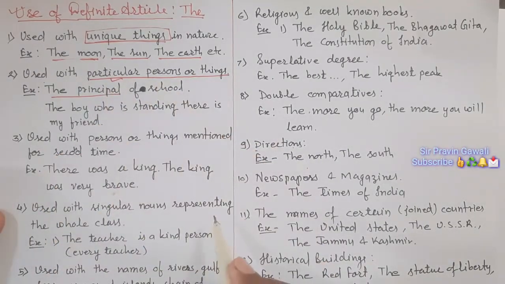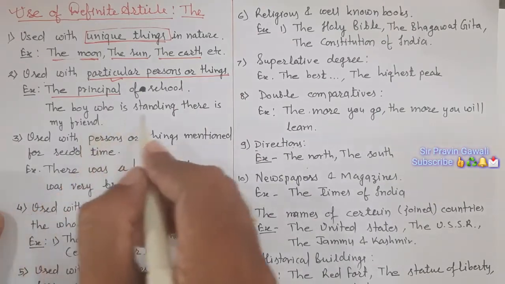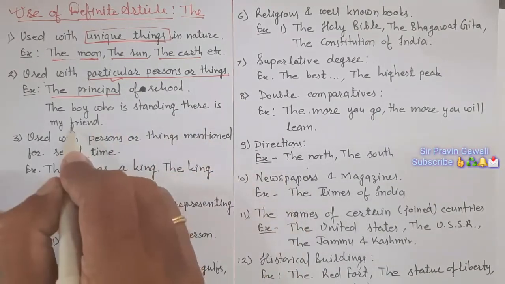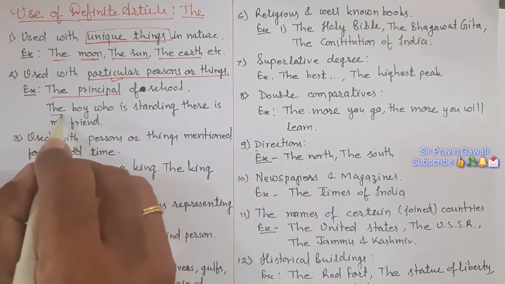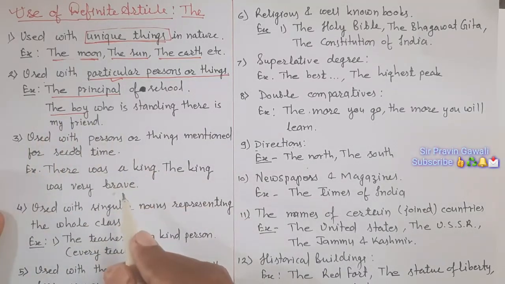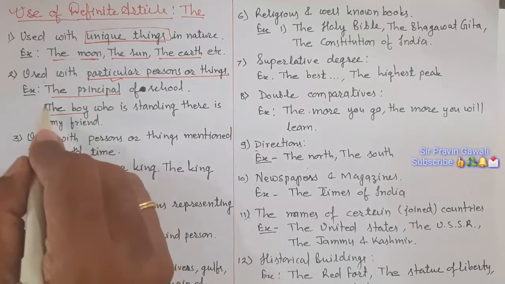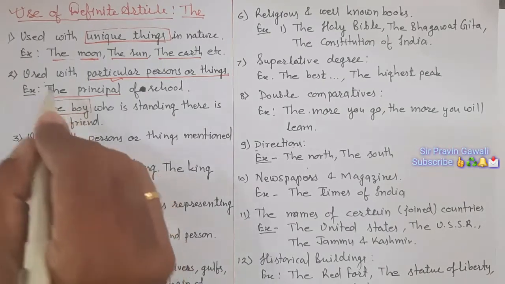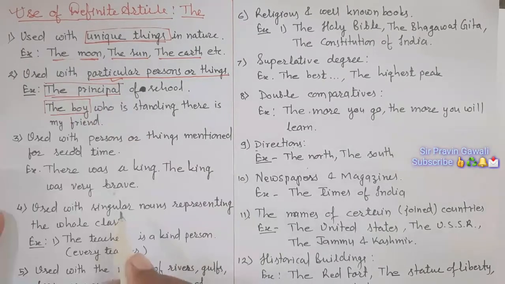Students, the boy who is standing there is my friend. So a specific boy is standing there. When we are referring to a particular person or thing, that time we will use the article.